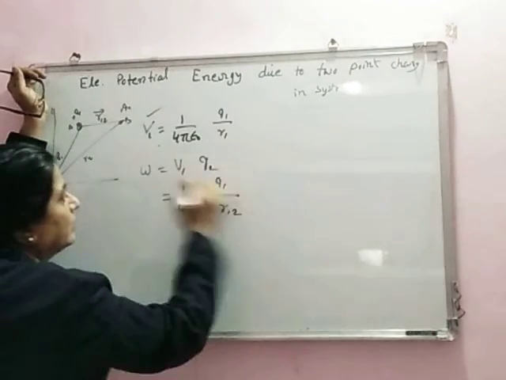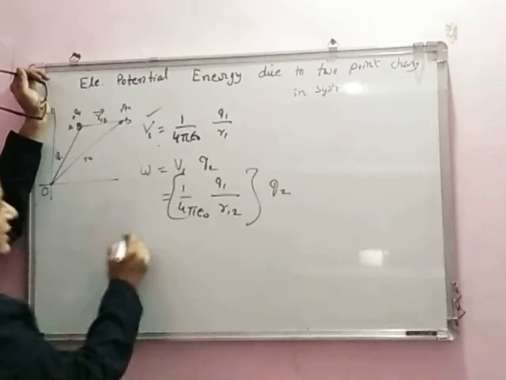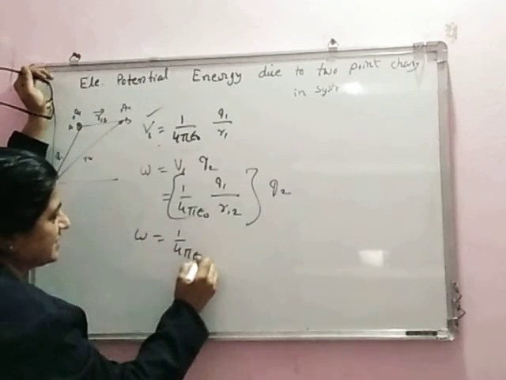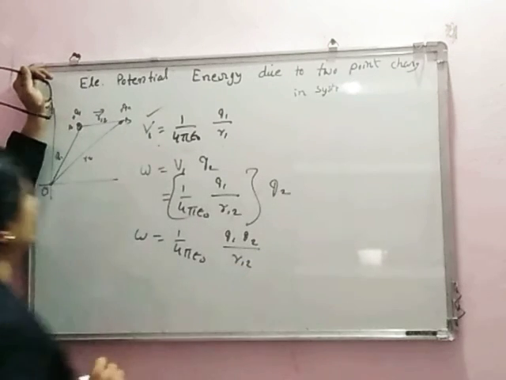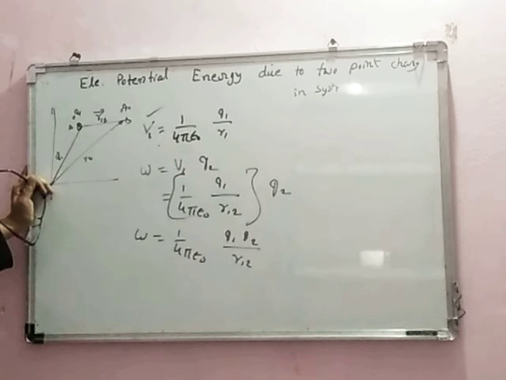So the work done is equal to 1 upon 4 pi epsilon 0 Q1 Q2 upon R12, the total work done to bring the charge from infinite distance to the final position.